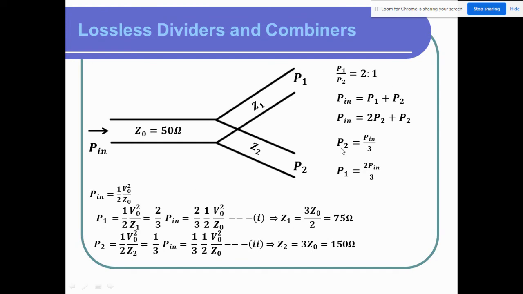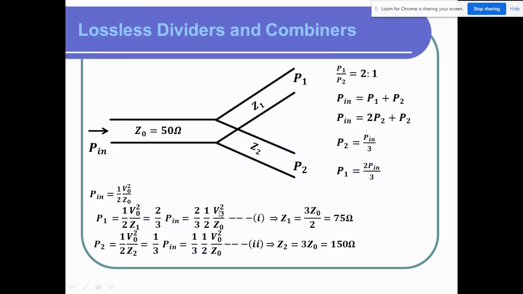Now, from here, we derive something. Now we are going to use this to analyze more. So for P1, we know it is twice P in by 3, right? So 2 by 3 P in. Now we know this is equal to this, so put it here. So this and this become equal, right?